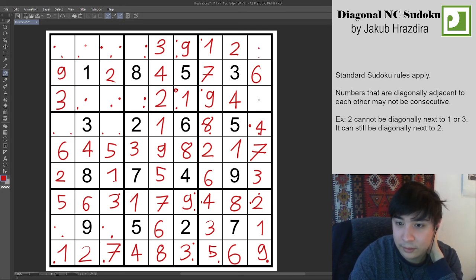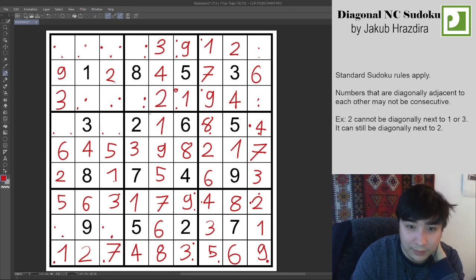Let's mark that. So what else have we got? This is still a 7, 9. This is still a 4, 8.